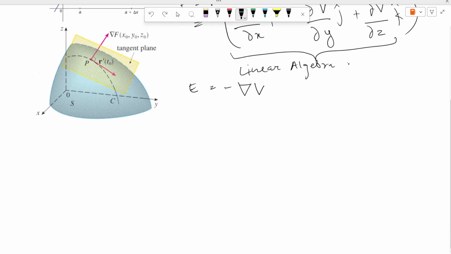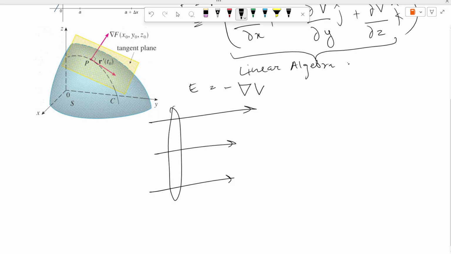Now we already know that in electric fields, the charge is moved from higher potential to lower potential, right? As the radius increases, or as we move along the electric field, the potential also decreases, right? This is what we are already aware of.